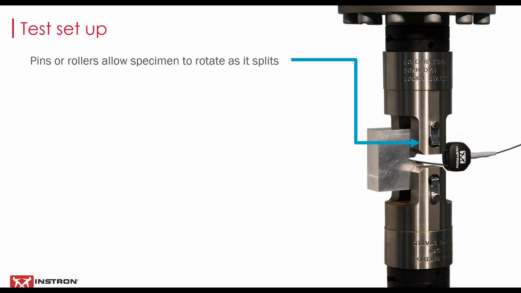In both of these cases, you're using rollers or pins, and they're allowing the specimen to rotate. As you grow a crack out from that notch, which hopefully you can see more clearly on this photograph, the two halves of the specimen rotate away from one another, and so you need to let that happen with the fixturing.